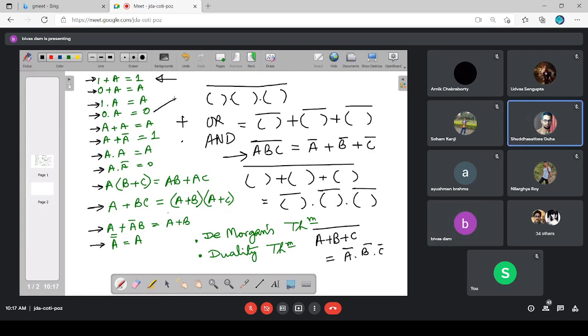Fine. Now A dot (B plus C). A will be multiplied with B, then A will be multiplied with C. So that will be AB plus AC. Now this one may not be very straightforward, I'll come back to that later on.